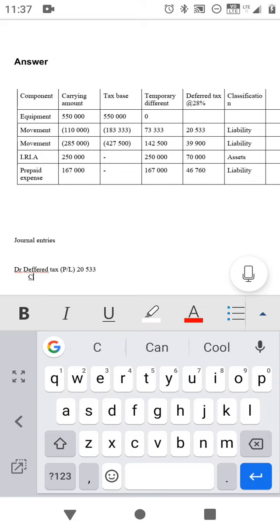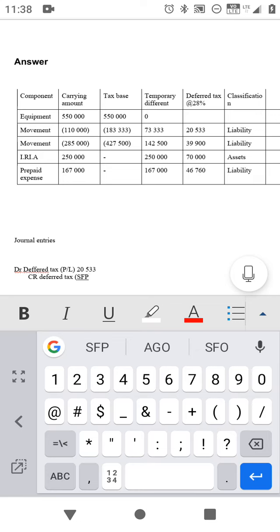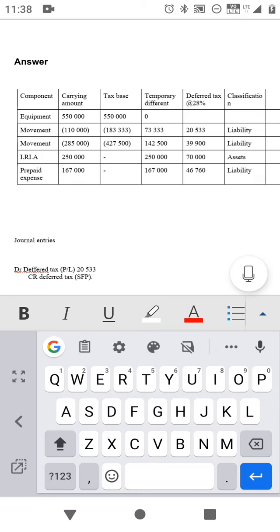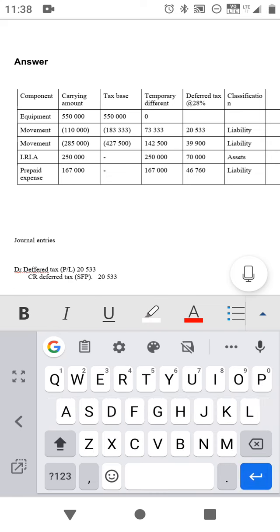Then what do we credit? Deferred tax. In this one it is SFP. Then the amount is 20,533. So this is how you should do the journal for deferred tax liability. Because liability increases on the credit side, SFP must be credited.